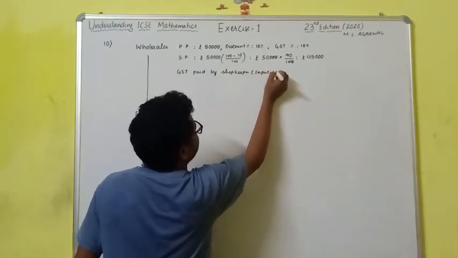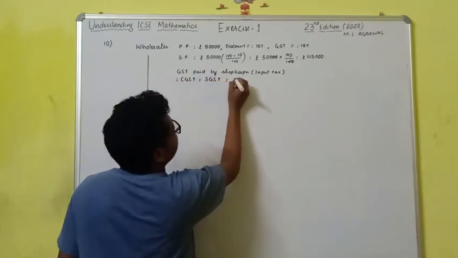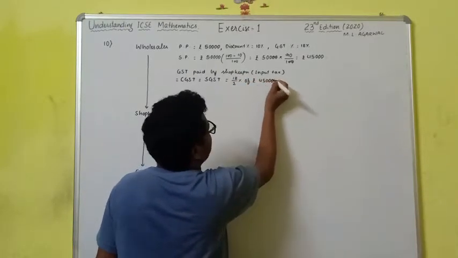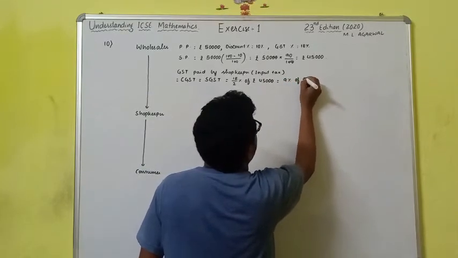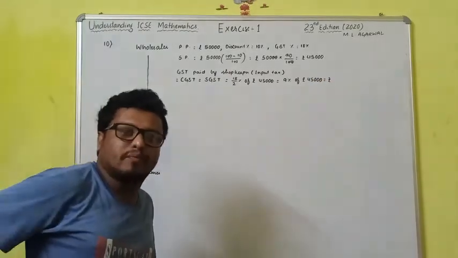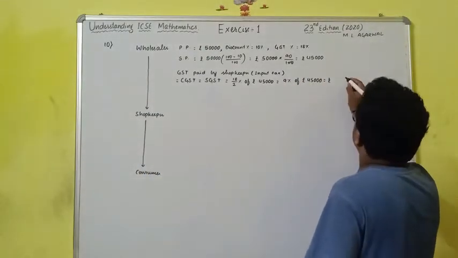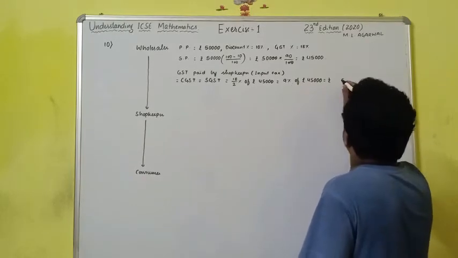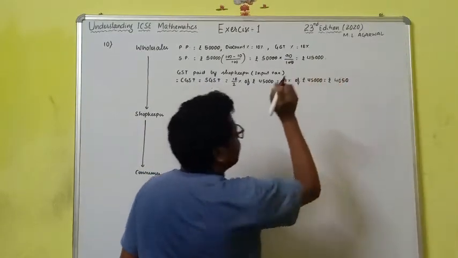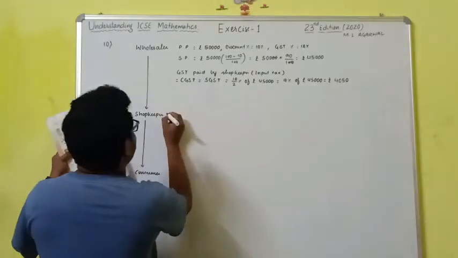Input tax is equal to CGST plus SGST, each 18 by 2%, which is 9% of rupees 45,000. Zeros cancel, 450 into 9, which will be 4050. Yes, a zero will be there, 4050.